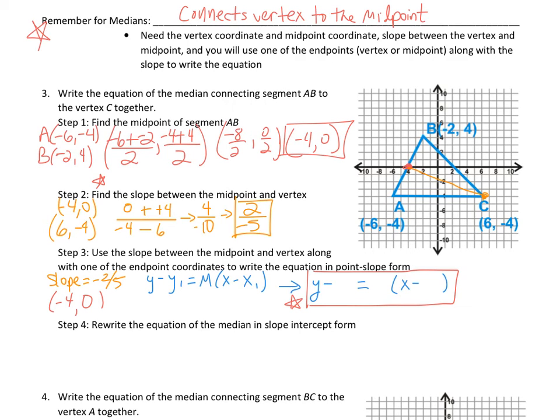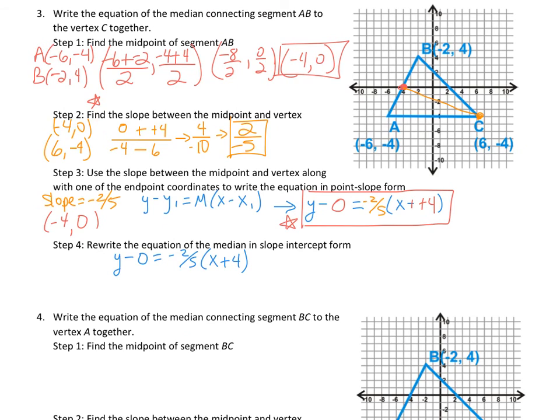Since we're using our coordinate negative 4, 0, our y value is 0, our x is negative 4, which makes this a plus 4. The slope in front of your x then should be a negative 2/5. This one is pretty quick to put into slope-intercept form, because when we distribute, we get a negative 2/5 x, and when we distribute this by 4, remember how we multiply fractions: first you need to make the 4 a fraction, so put it over 1, but then we go straight across on top and bottom.